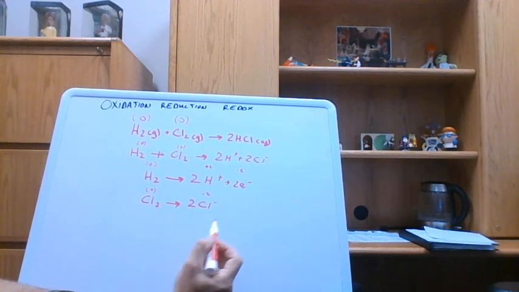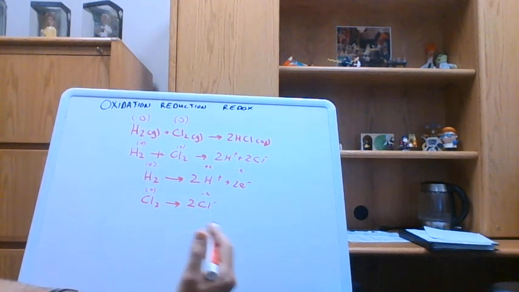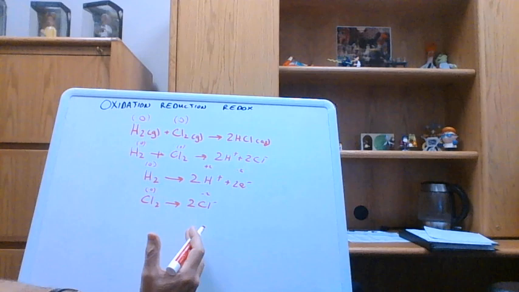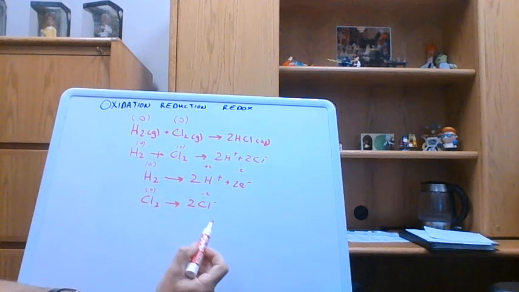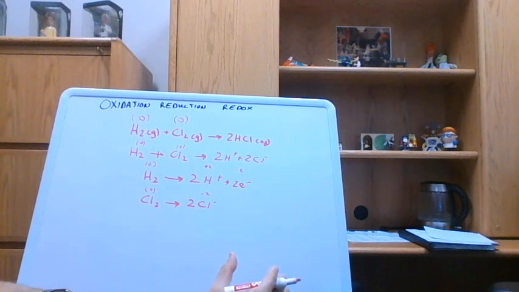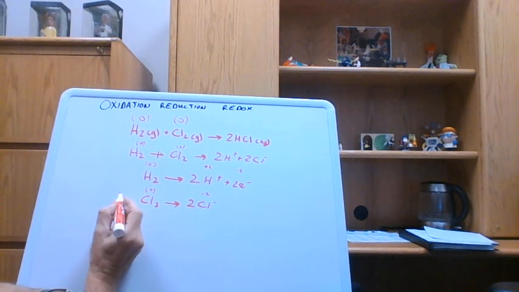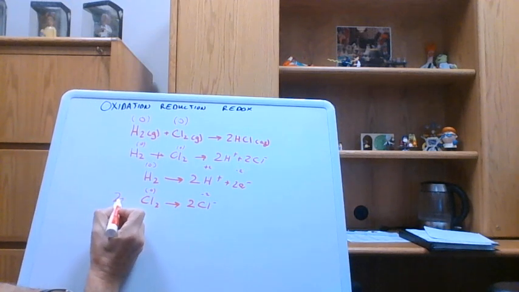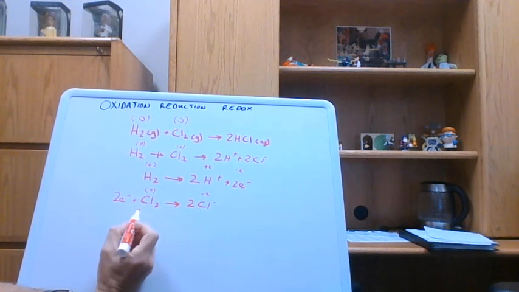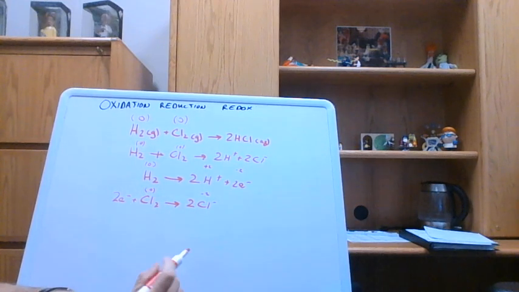So what's a little different here is we're not going to balance to 0. All of them so far we've balanced to 0, but all we've said is we have to have the charge balanced on both sides. That charge doesn't have to be 0 on both sides. So here we have a -2, so we need a -2 on this side, so we're going to add 2 -1s here. Now this side has a -2 charge and this side has a -2 charge.